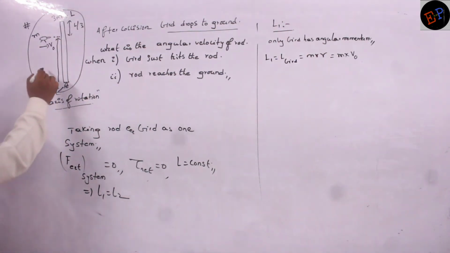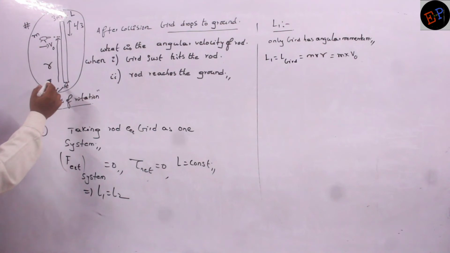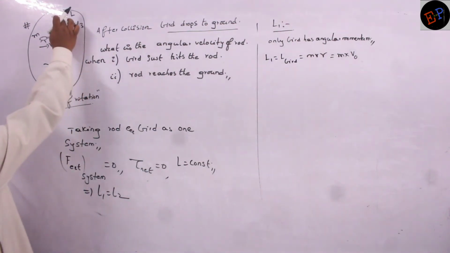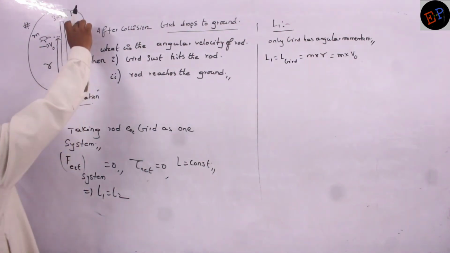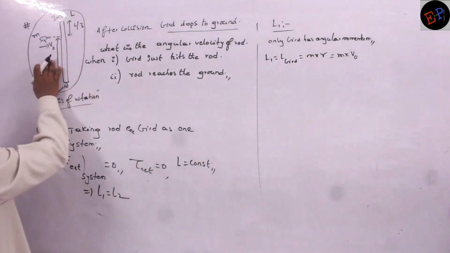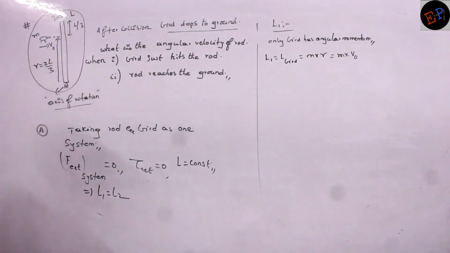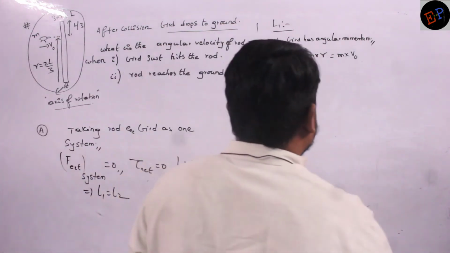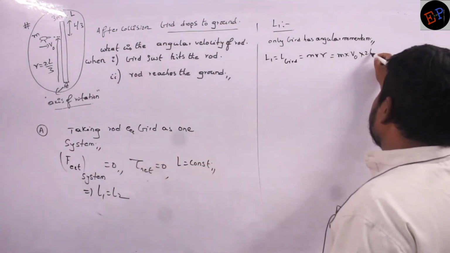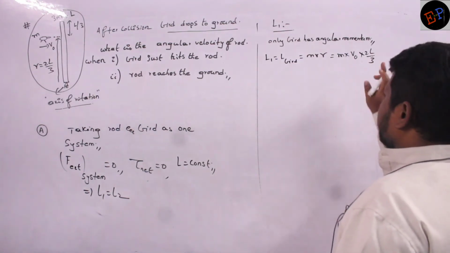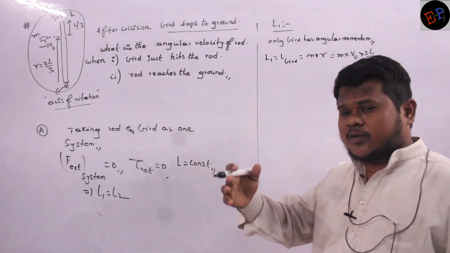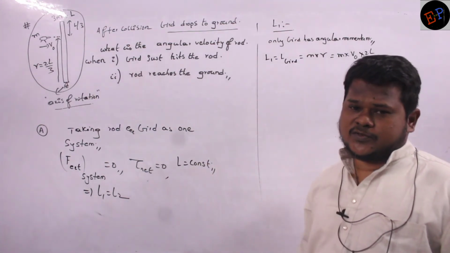This is the r value. How much is it? The total is l, so if you remove l by 3 from l, then the remaining distance r is 2l divided by 3. So multiplied by 2l divided by 3, this is the angular momentum of the bird, and also the angular momentum of the total system.